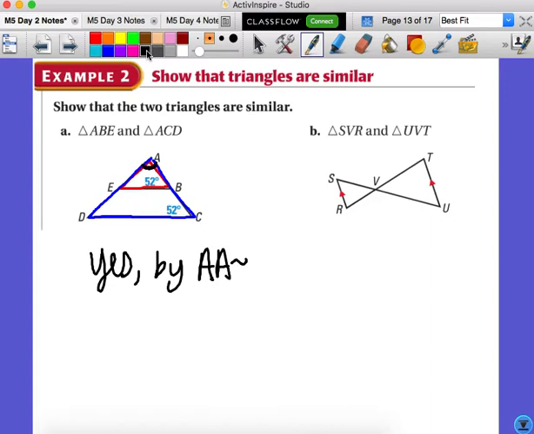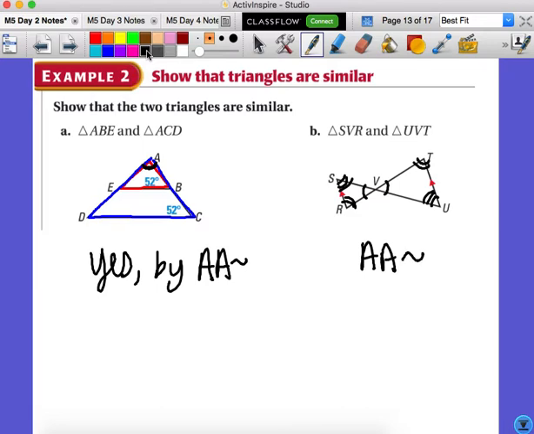Last but not least, here we have the vertical angles here and here, and we have parallel lines SR and TU, which means angle T is congruent to R, or we could say S is congruent to U. So this is also angle-angle similarity.